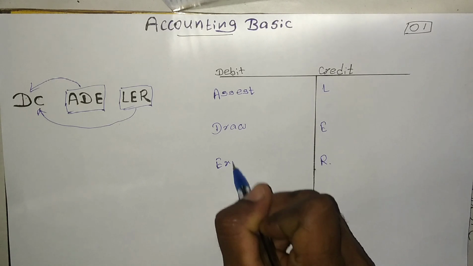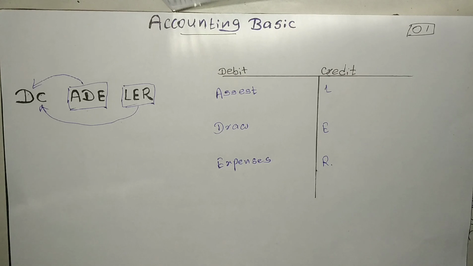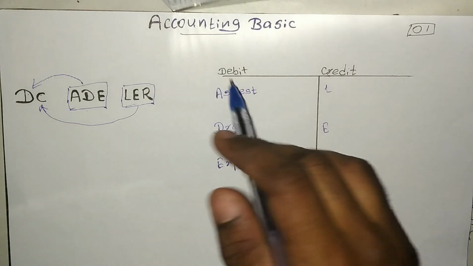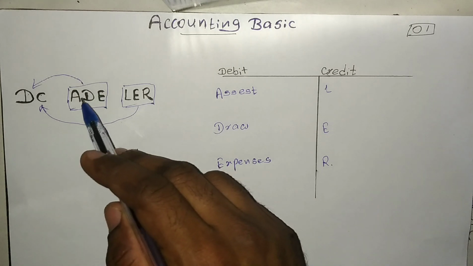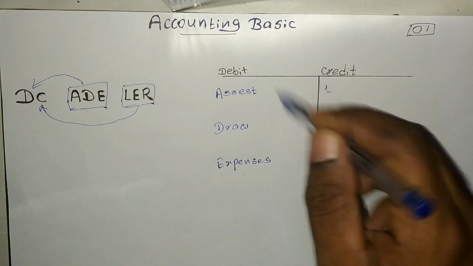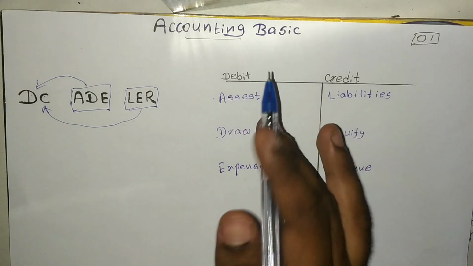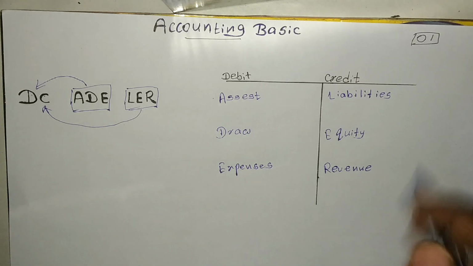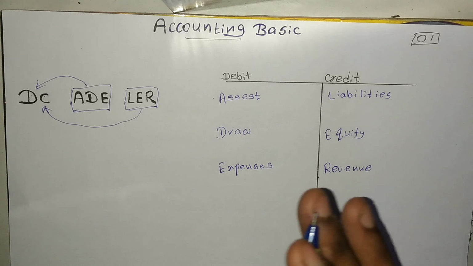Firstly, sometimes people think debit is good and credit is bad. That is not a correct concept, it's wrong. Don't think of these six contents as good or bad. Always think of them as positive.